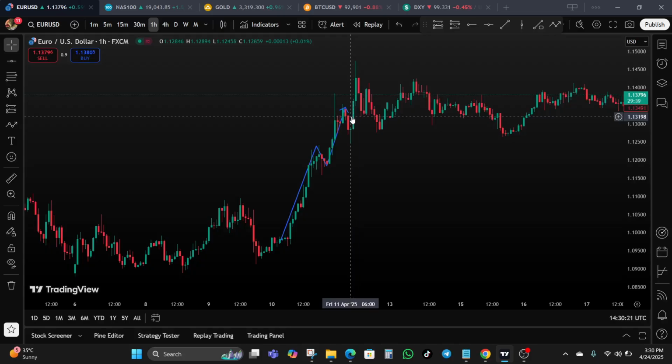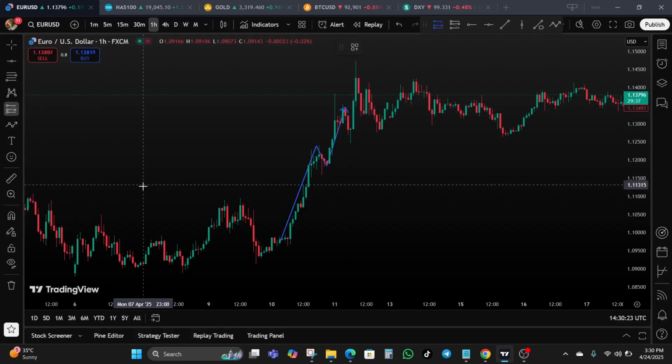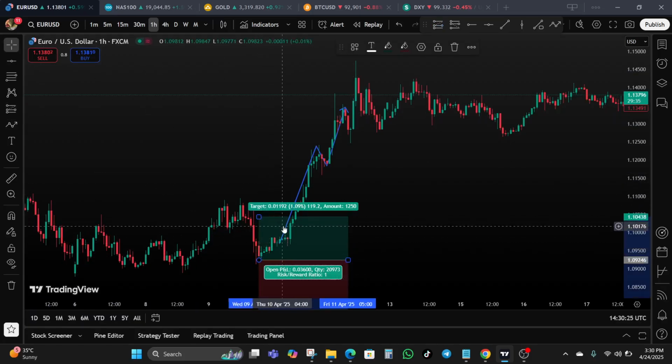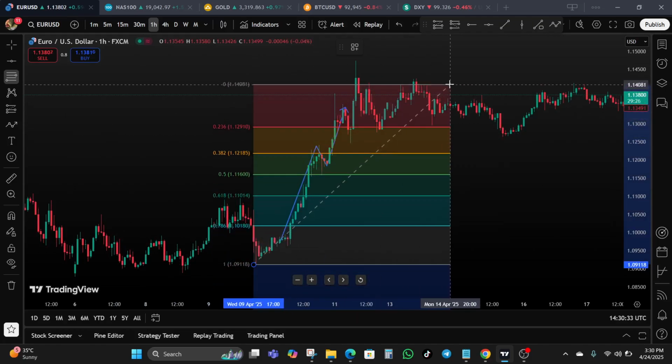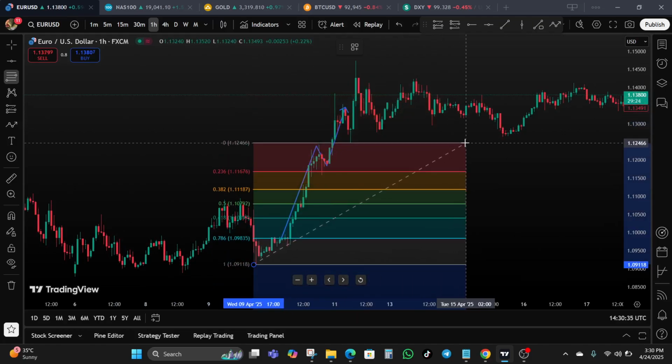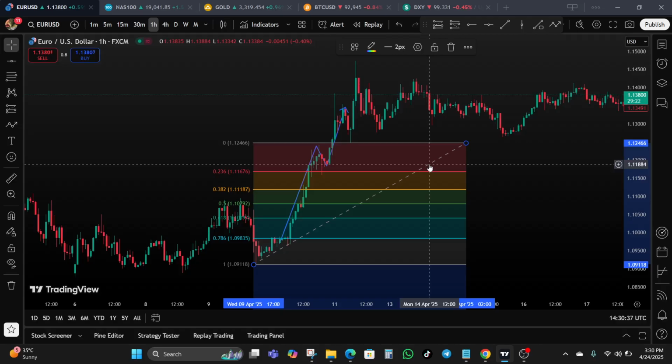First on the list is the Fibonacci retracement tool. The Fibonacci retracement tool is not just a visual guide, it's a framework that shows key retracement zones like the 23.6%, 38.2%, 50%, 61.8%, 78.6%, and so on.